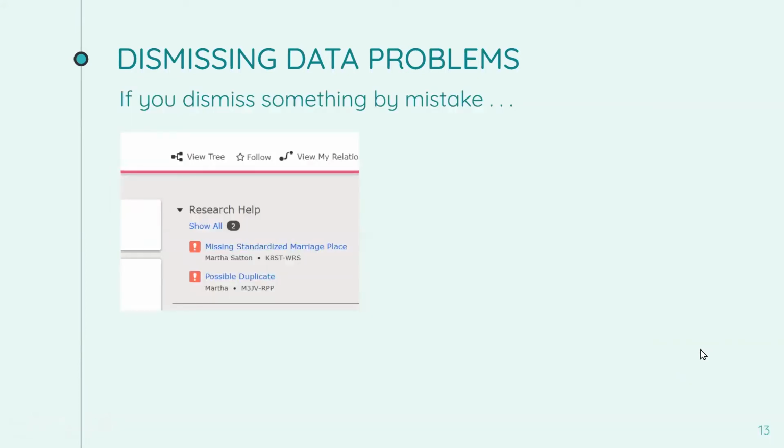Then to go along with that, have you ever dismissed something by mistake? I have. So how do you get it back if you dismiss it and then you say, oh, wait a minute, wrong family or whatever, I need to pull that data error back so that it's not dismissed? It's actually really simple. You just go to the place where you dismissed it from and you click show all.